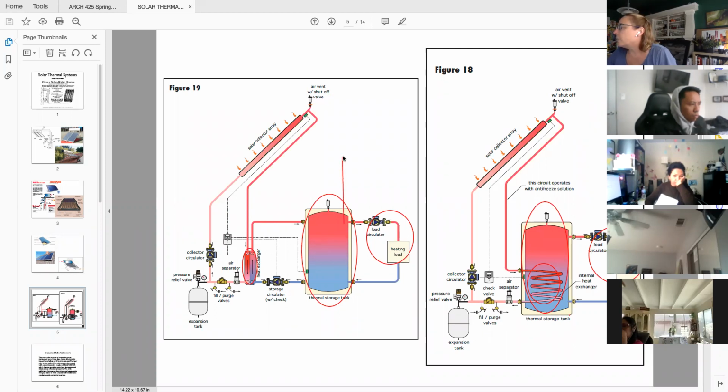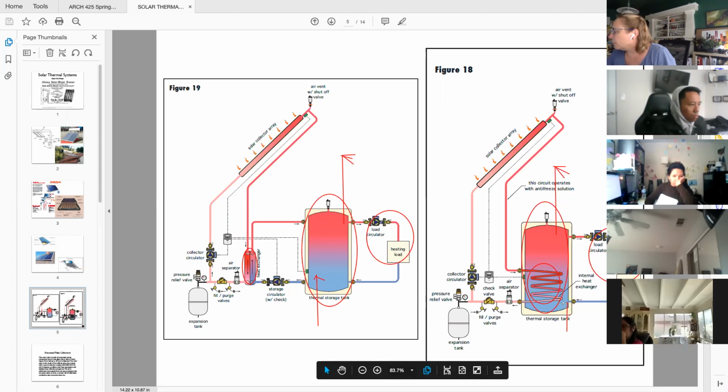So that's just going out, and then you have your shower or whatever, and then your street water is flowing into the tank. Same here. So your domestic hot water comes out, goes to your shower, and your street water from your water meter is coming straight into the bottom of your tank.